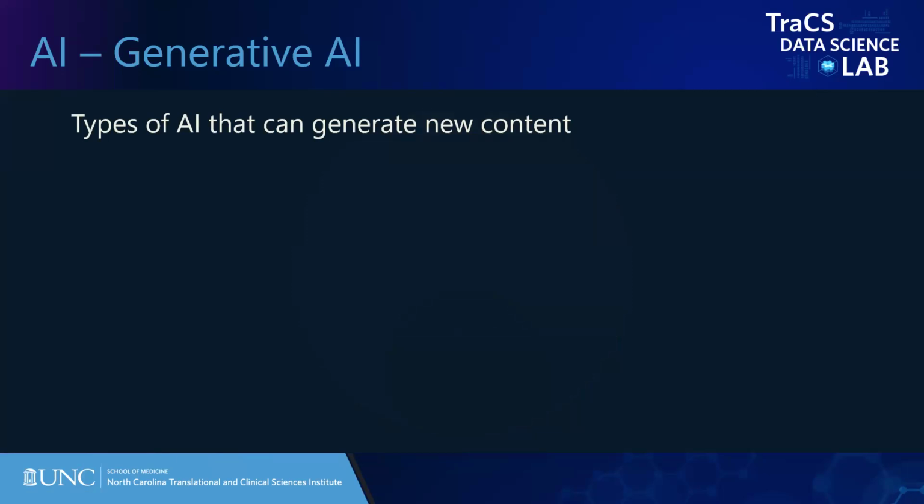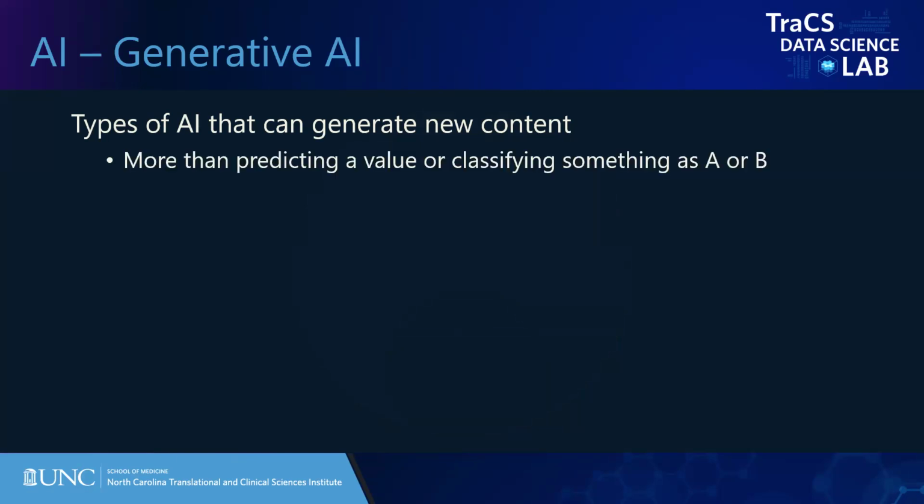The term generative AI is nicely straightforward. It refers to types of AI that can generate new content. And by generate here, we mean it's producing something more than a single value prediction, like we saw in our house price example, or more than a classification, like the example we looked at classifying satellite image pixels into land types.